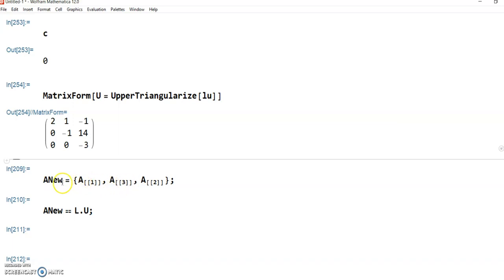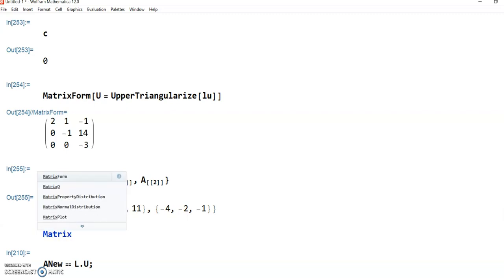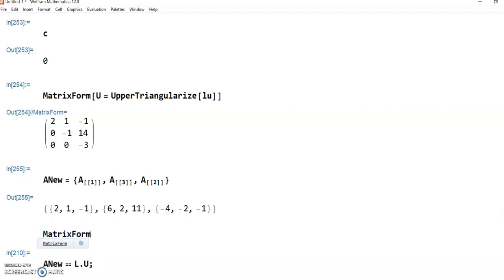So it shows that our new matrix is the one which has the same first row as matrix A. The second row is the one which was the third row of the matrix A, and the third row is the one which was the second row of the matrix A. Okay, so this is the new matrix, in matrix form, A new.